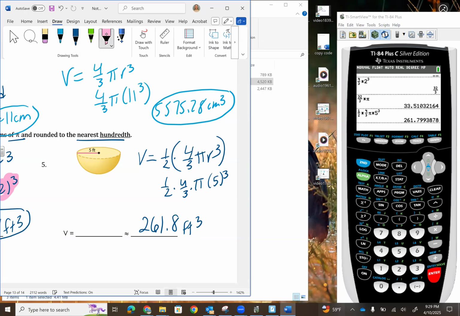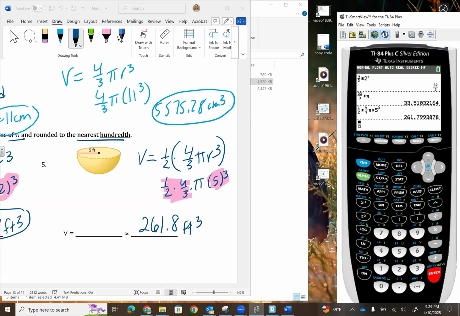And if you want to do it in terms of pi, which is what they want, you just type those two numbers and put it in front of pi. So this would be alpha y equals enter 1/2 times alpha y equals enter 4/3, and then times, oh whoops, that did not work.